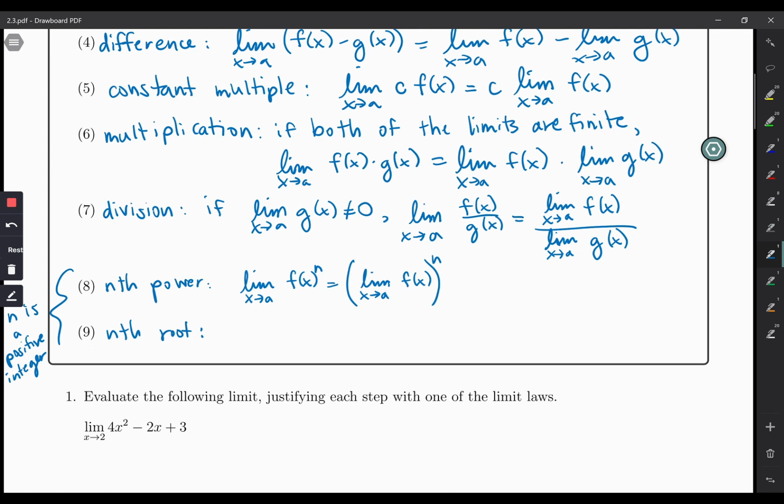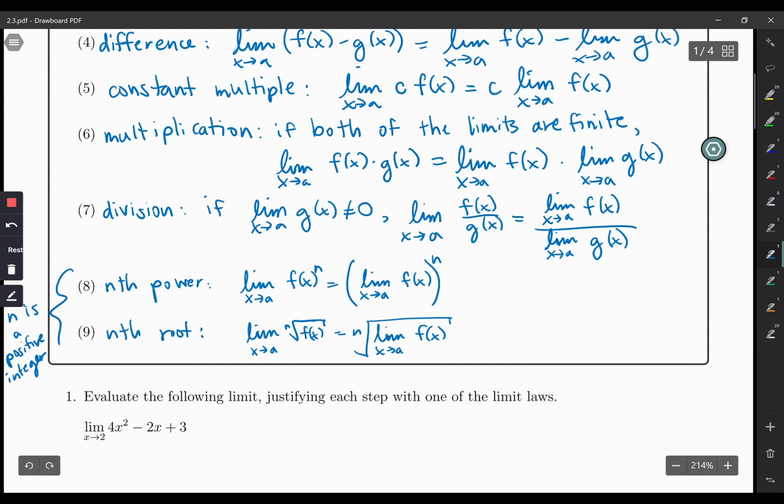Similarly, if we have the limit as x goes to a of the nth root of f of x, that's the same as the nth root of the limit as x goes to a of f of x, so long as the limit is greater than or equal to 0 if n is even.